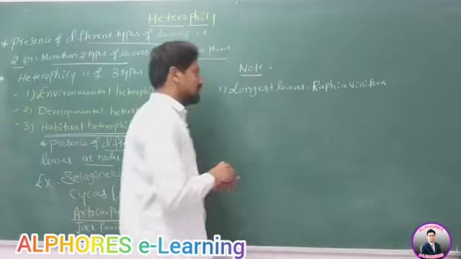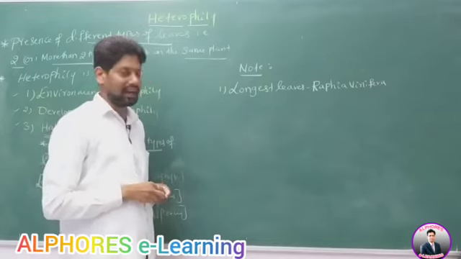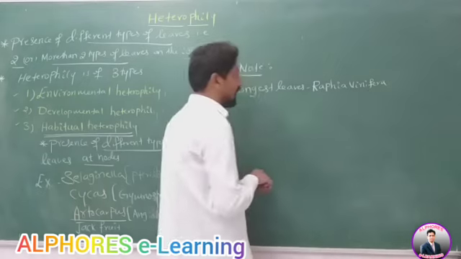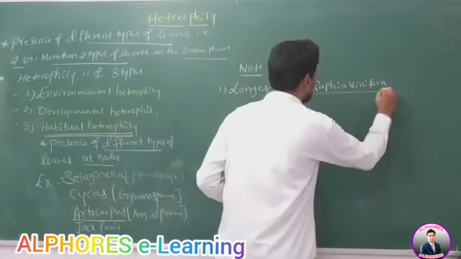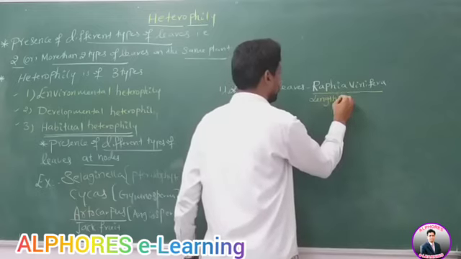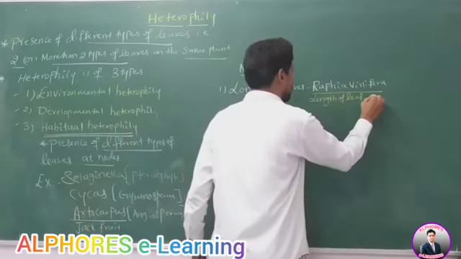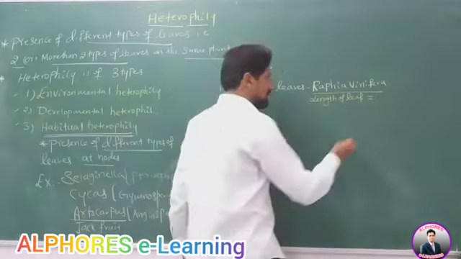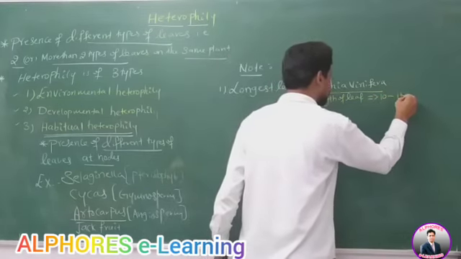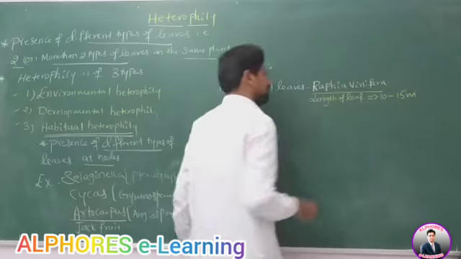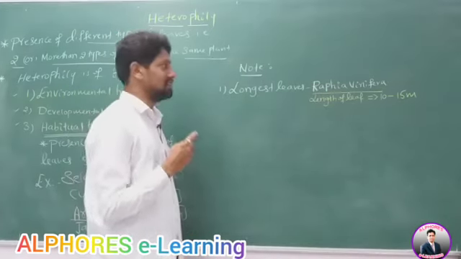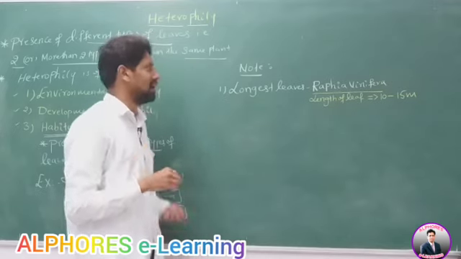What is the plant name, sir? Raphia vinifera. It is with the longest leaves. In Raphia vinifera, if you measure the length of the leaf, the leaf length is 10 to 15 meters. What is the length of the leaf? 10 to 15 meters in Raphia vinifera.